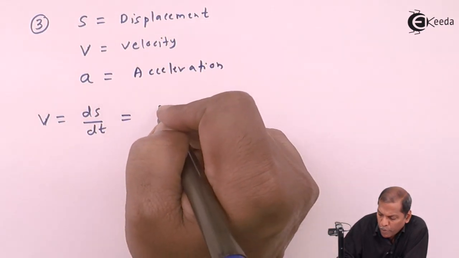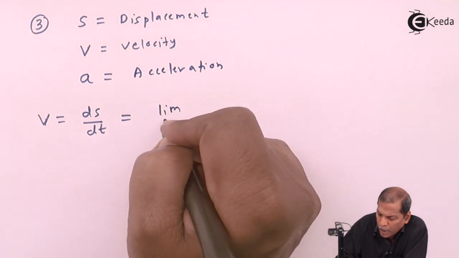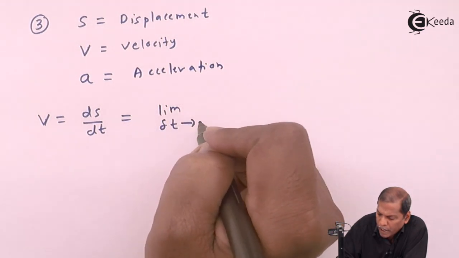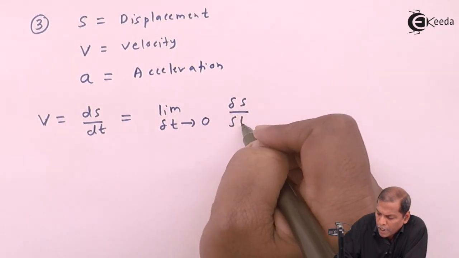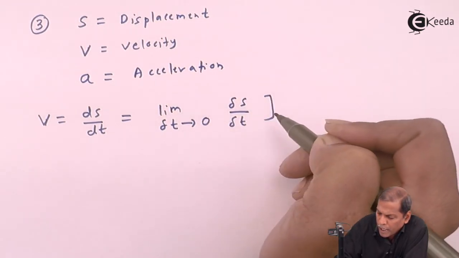In limit form, this can be written as limit delta t tends to 0 delta s upon delta t.